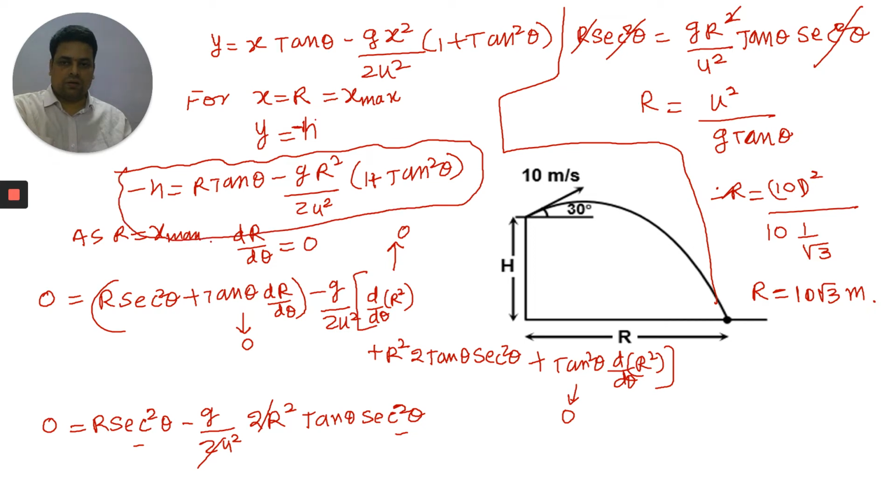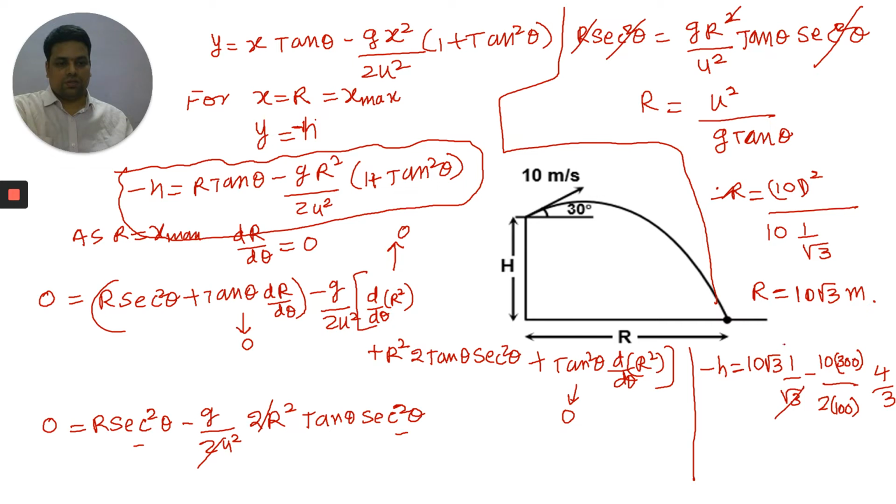We would get minus h is equal to 10 root 3 into tan 30, which is 1 by root 3, minus r square, which is 100 into 3, that will be 300, by 2 into 100, which is u square, and secant square theta. Cos 30 is root 3 by 2, so secant 30 is 2 by root 3. 2 by root 3 whole square will be 4 by 3.